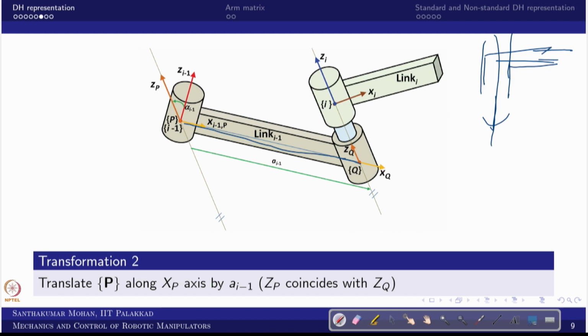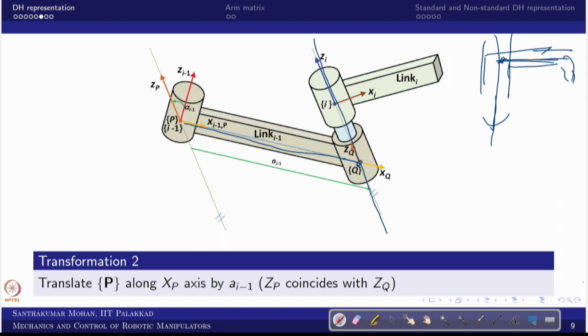Probably every other aspect would be available, but the village road may not be available. In a similar way, we have made it parallel and we are trying to reach, in the sense you are somewhere here, you come back here, and now you are traveling and hitting the road. The same way, you have made a common normal, but if I travel along the common normal, I will end up with the Zi axis.